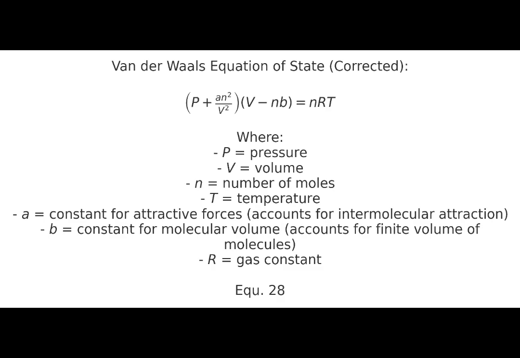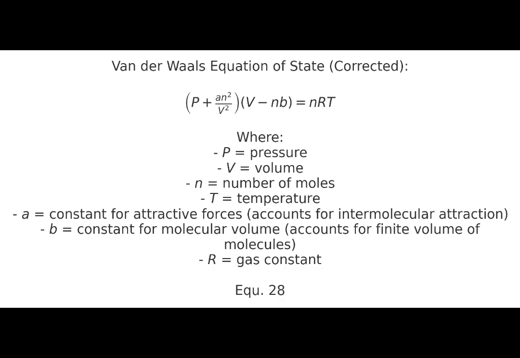At high pressures or low temperatures, these attractive forces become significant because the molecules are closer together, leading to a decrease in the observed pressure compared to that predicted by the ideal gas law. The a/V squared term increases the pressure of the real gas to account for these attractive forces. This term becomes significant at high densities.